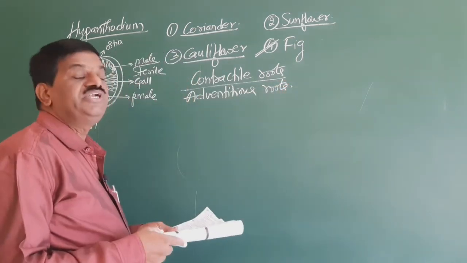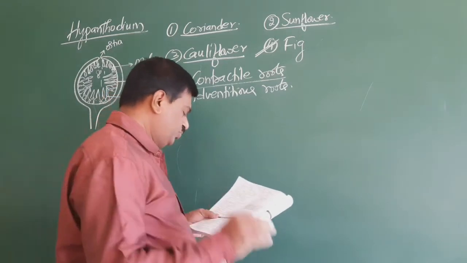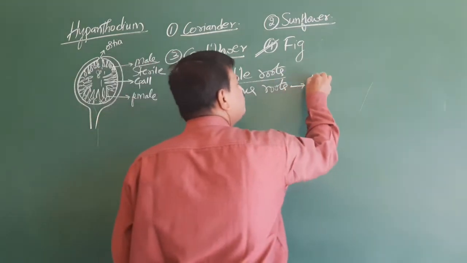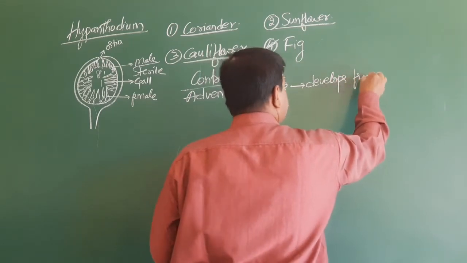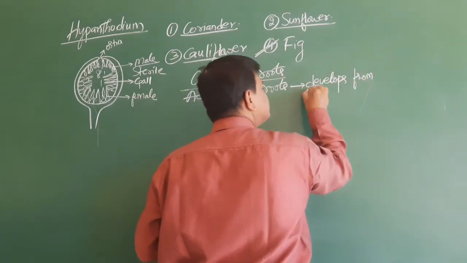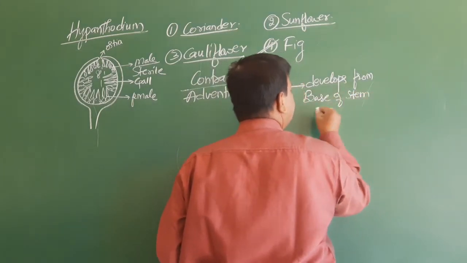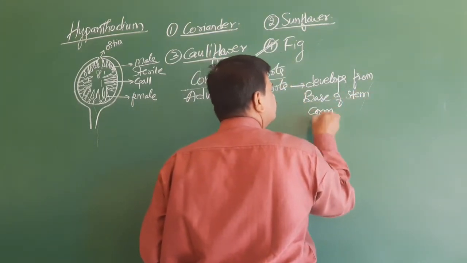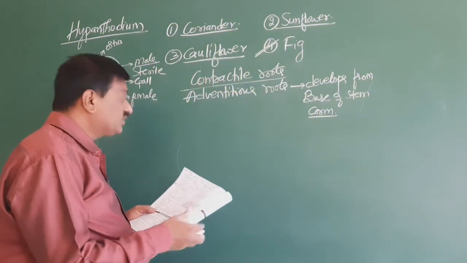Meaning of adventitious, it never takes its origin from the radicle. Adventitious roots develop from the base of the stem. The base of stem has a corm. So this is called contractile roots.